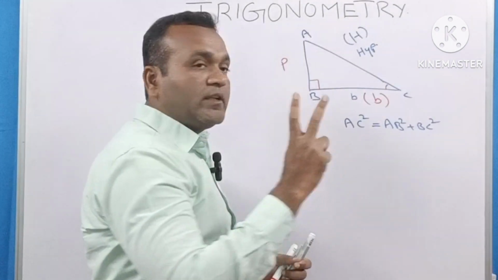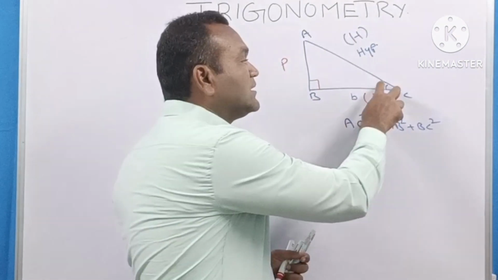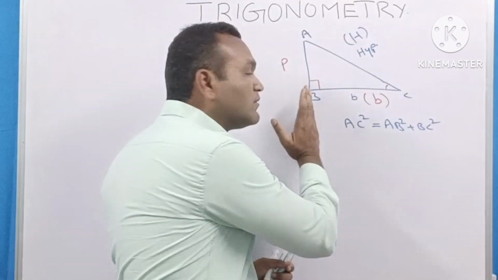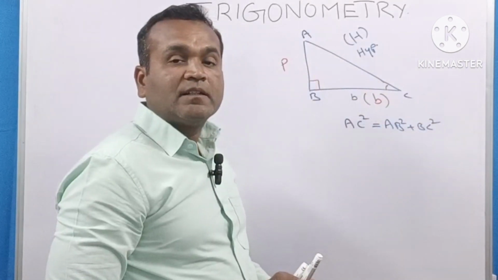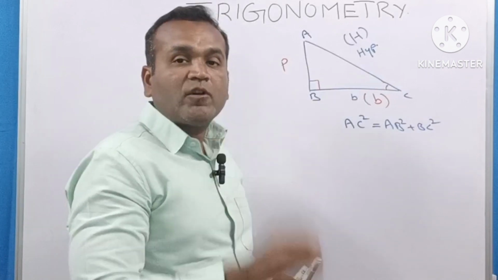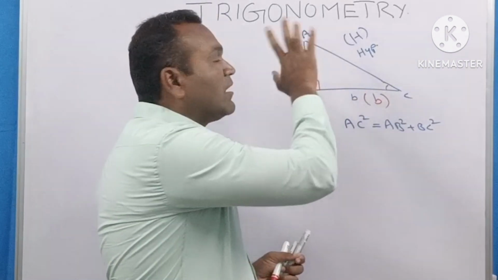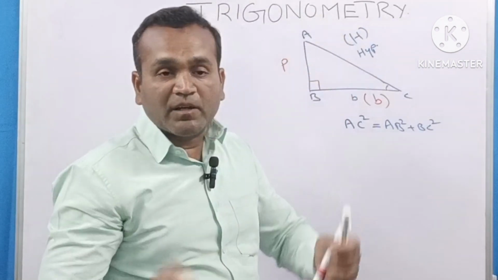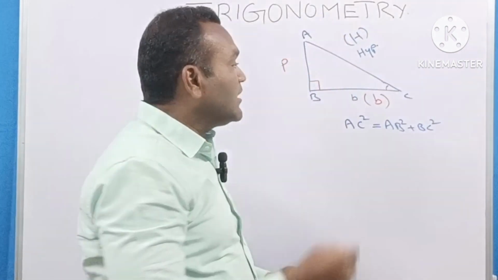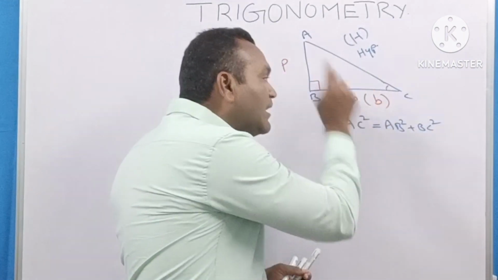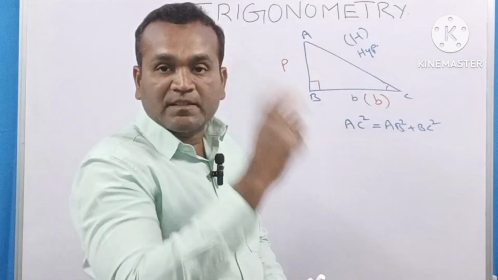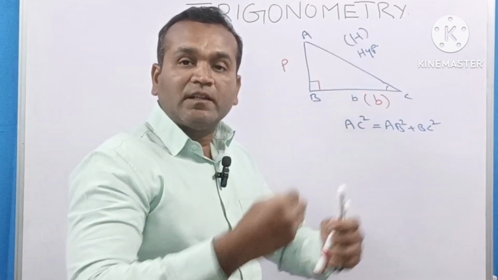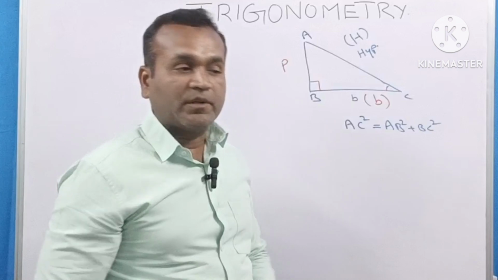If you know only two things, this angle and the distance from the foot of the tower, then in trigonometry we have formulas to find the height of the building. You don't need to measure the whole building with a tape or any other instrument. With only the angle and this distance, you can find the height of the building. This is the application of trigonometry.